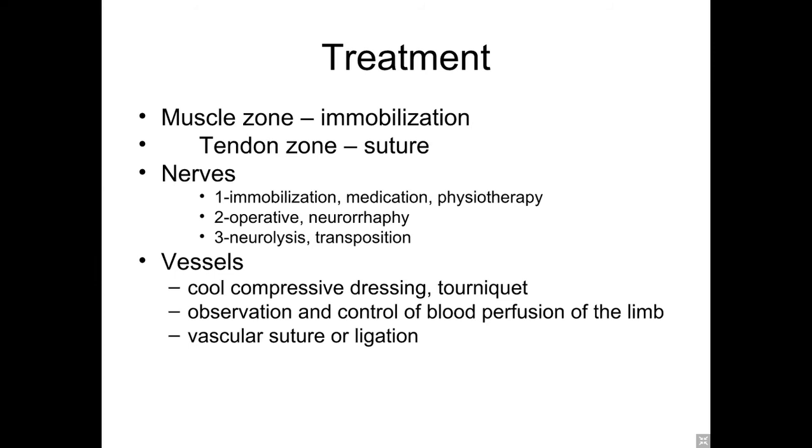We usually keep the radial nerve in visual control, and we keep the nerve outside the bone or outside the implant which will be used.